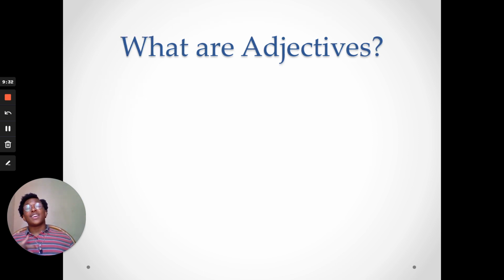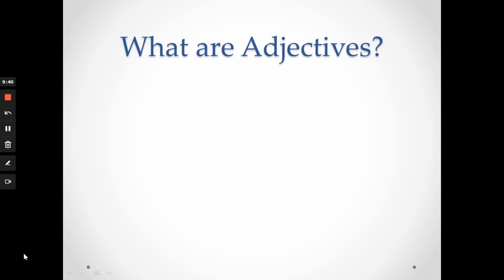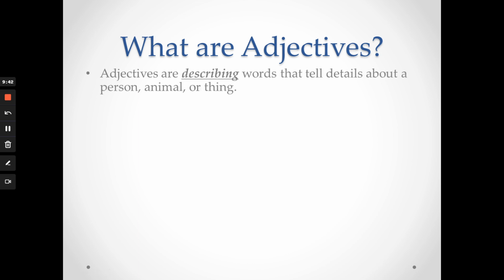Now let's move on to a type of word that we may see in sentences. And this type of word is called an adjective. And adjectives are describing words that tell details about a person, animal, or thing. So for our example sentence, we have, the balloon is red.